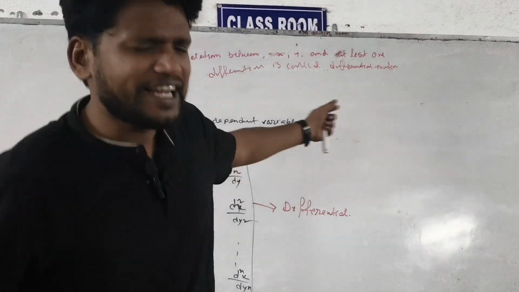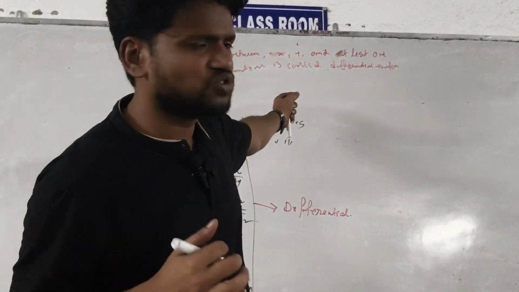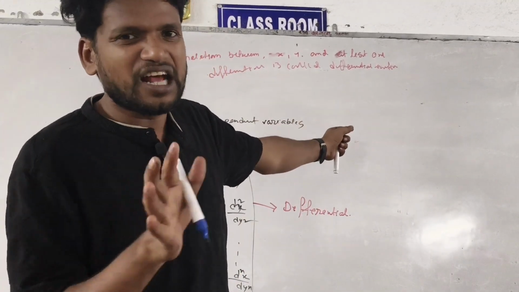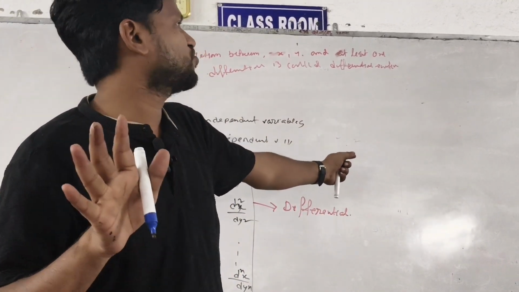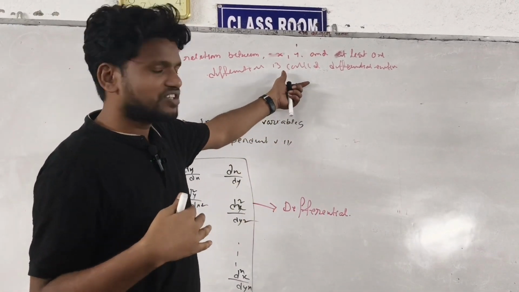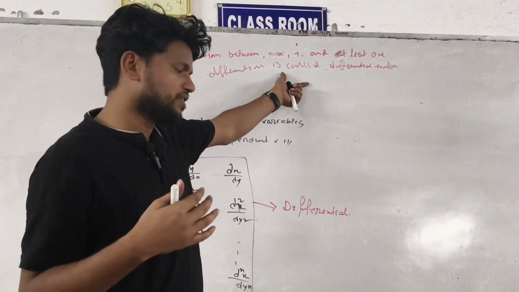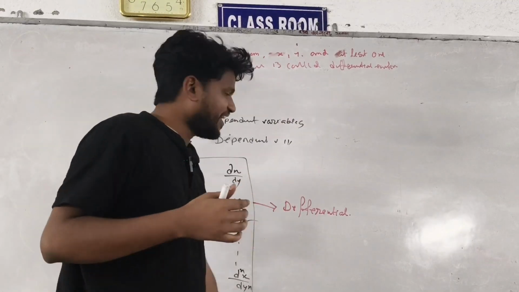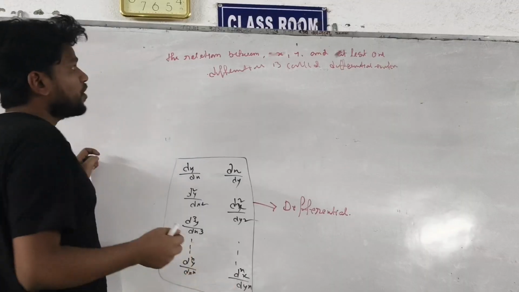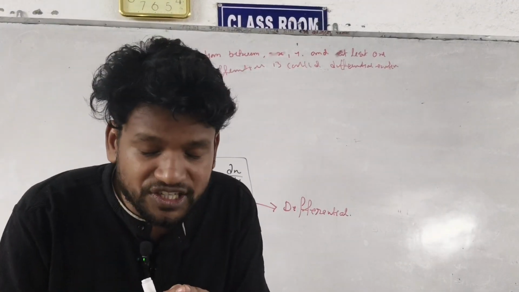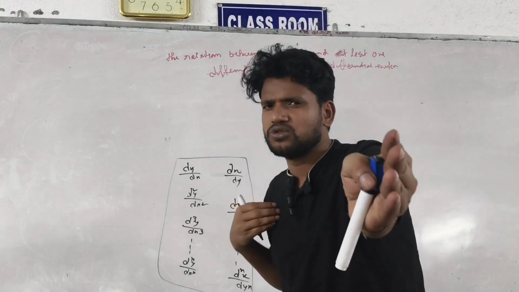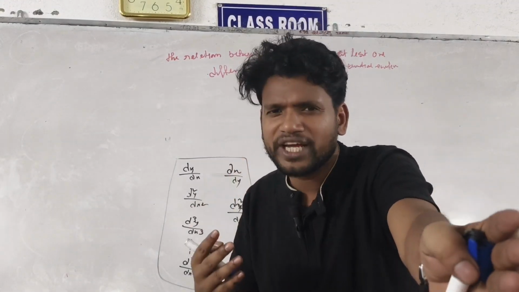My handwriting is not clear when I try to write speedily, but when I write properly, my handwriting is good. So actually, a differential equation is nothing but a relation, just like the relation between you and me.